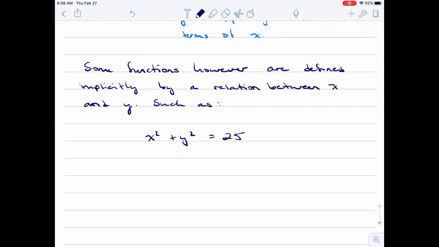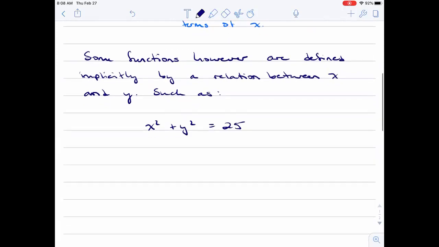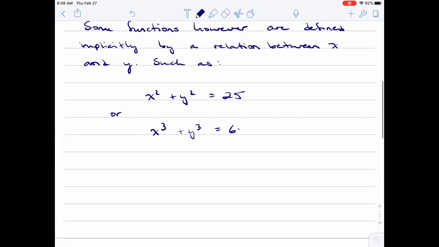That would be a circle with a radius of 5. Or something like x to the 3 plus y to the 3 equals 6xy. It's not important, but this is called the Folium of Descartes.